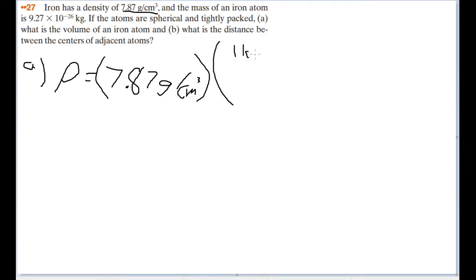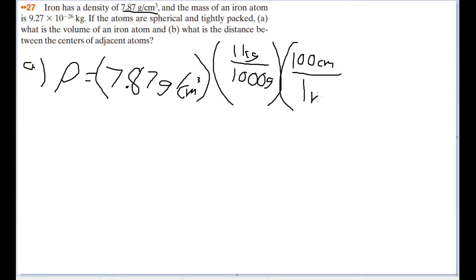So there's obviously 1,000 grams in 1 kilogram, and let's set it up in a way so that the grams cancel out and it turns to kilograms. And as for the centimeters, let's remember obviously that there are 100 centimeters in a meter, and cube the whole thing so that we can get that dimension conversion as well.